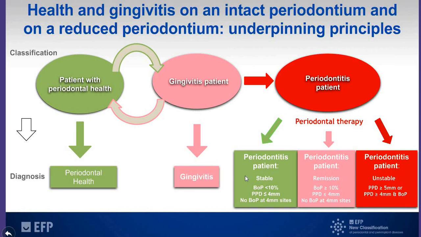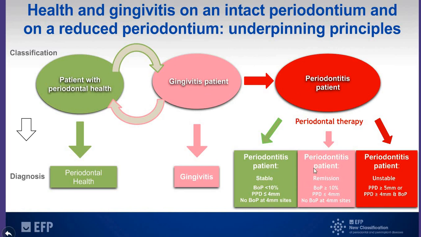If we see a case which has attachment loss and a pocket 4 or less than 4 millimeter, and less than 10% bleeding on probing, this case is considered healthy periodontium or periodontal health on reduced periodontium, which was previously a periodontitis case. Now it is stable.